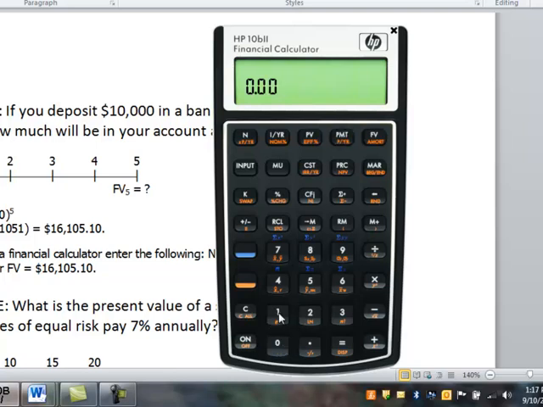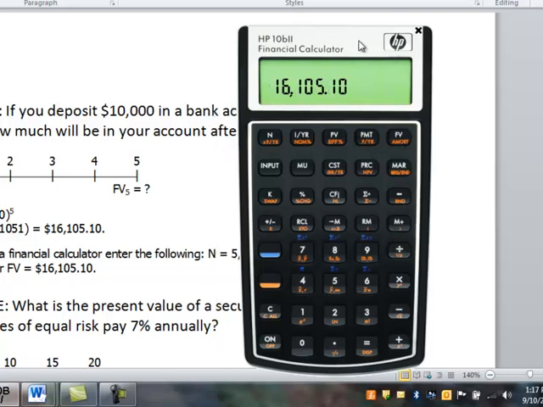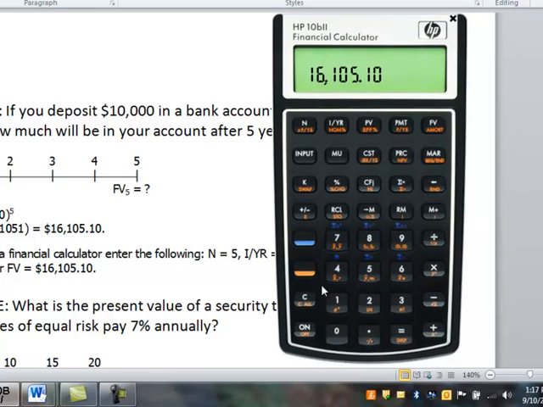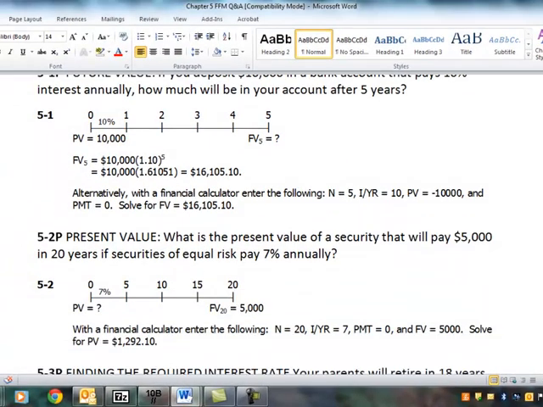Our present value is 10,000, and I'm going to make that a negative simply because the present value reflects the fact that we are putting money into a bank that's not to be touched, and then at the end of 5 years we will be withdrawing from that account. So here is our plus minus sign, present value. And if we hit the future value, our answer is $16,105.10.